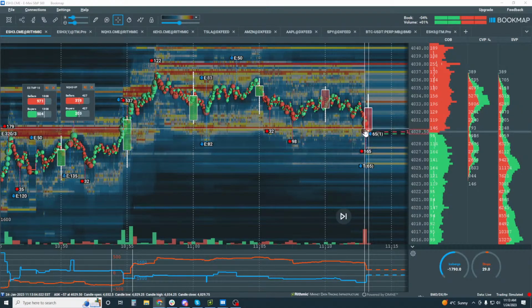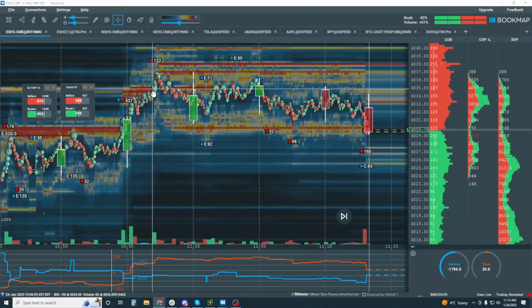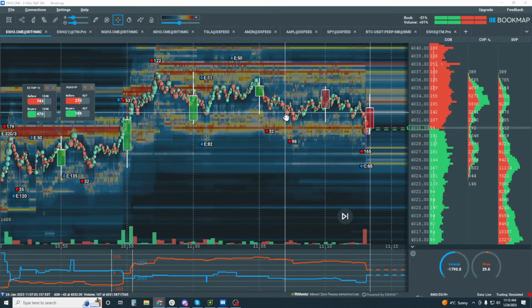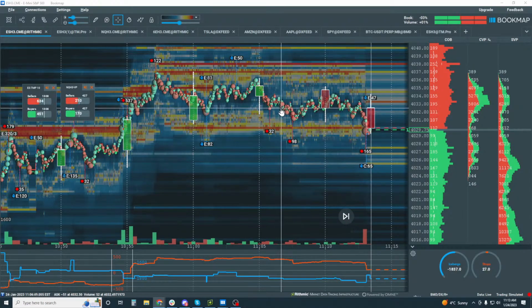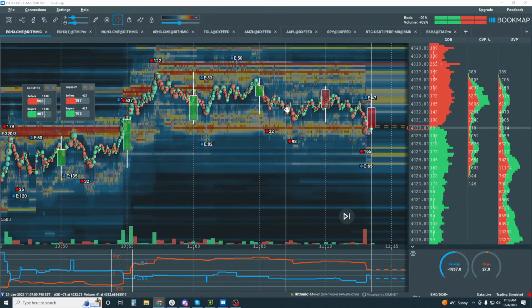Here's those sellers. So now it made us look good to get out here, right? You would have been out probably in here. At least I would have been when I saw that selling coming in. I would have exited. Now I would have given up my 2 or 3 S&P points in here.